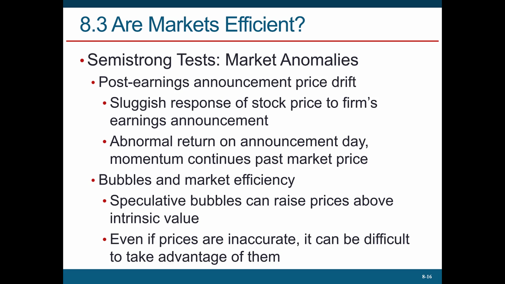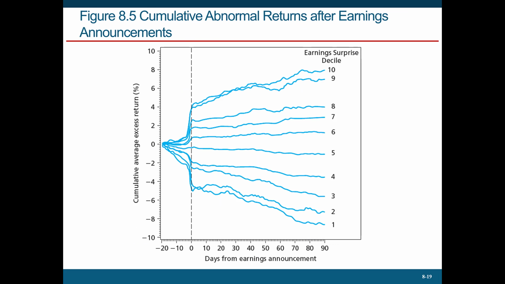So if you look at this chart here, this is again an event study. The event here is the earnings announcement, similar to the takeover example that we looked at earlier. So day zero is the day of the earnings announcement.